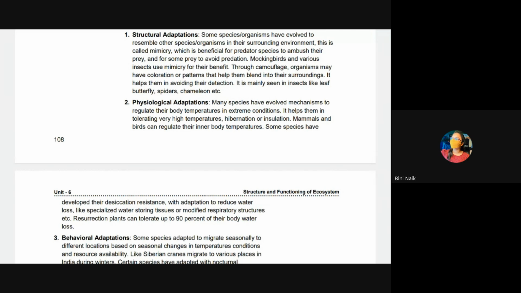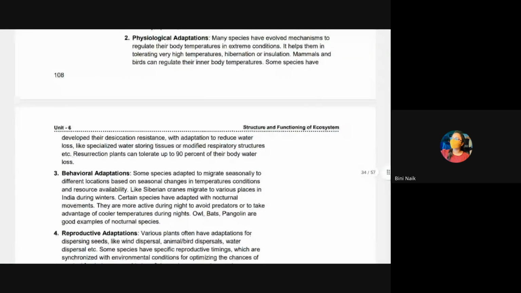Some species have developed desiccation resistance with adaptation to reduce water loss. Think about an example of xerophyte. Do you understand xerophyte? Xerophytes can actually survive in less water. So that is basically a physiological adaptation. Because they can survive when having less water also. So that is a physiological adaptation, and that is somewhat different from the structural adaptation.